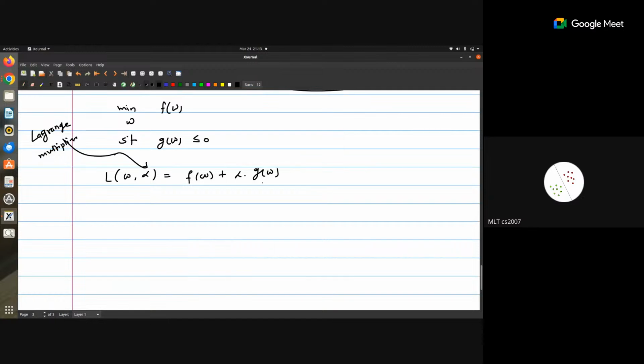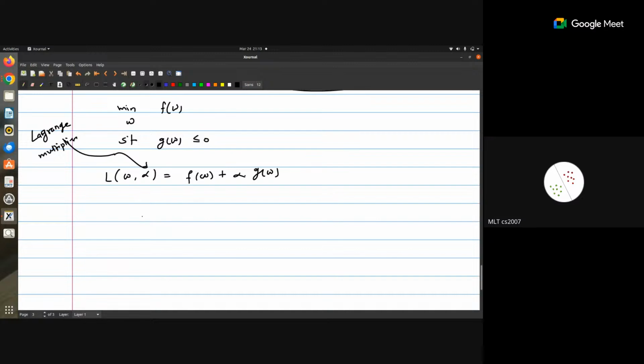Now we can do two things: either fix w and find different values of alpha, or fix alpha and find different values of w. These are the two things we can do to solve this problem. Apart from that, there is no solution to this.